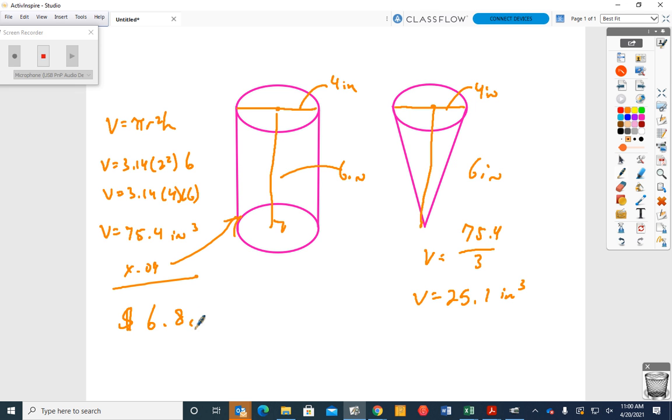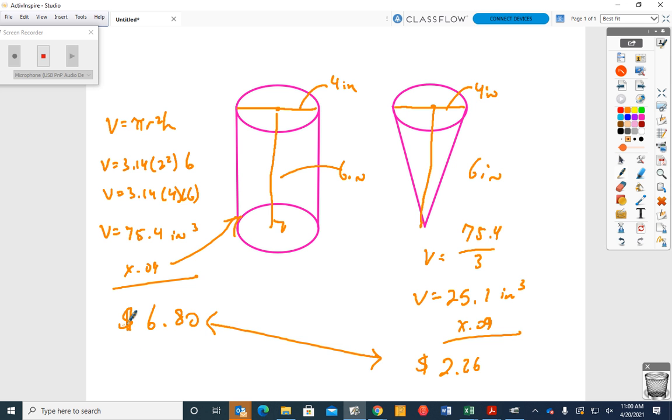Now let's do this one: 25.1 times 0.09. 2.259. So that one's about 2.26, about $2.26. Now, I still have another step. It asked me to find the difference in cost between this and this. So what am I going to do with those?